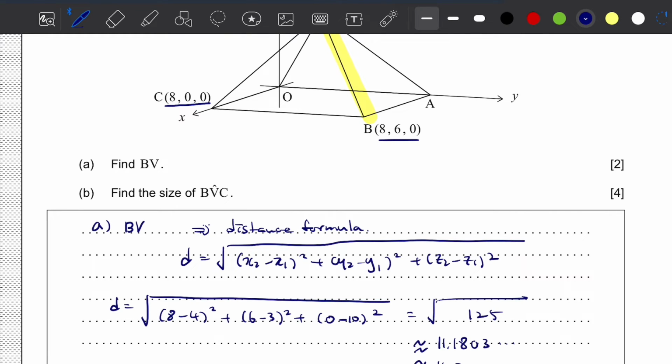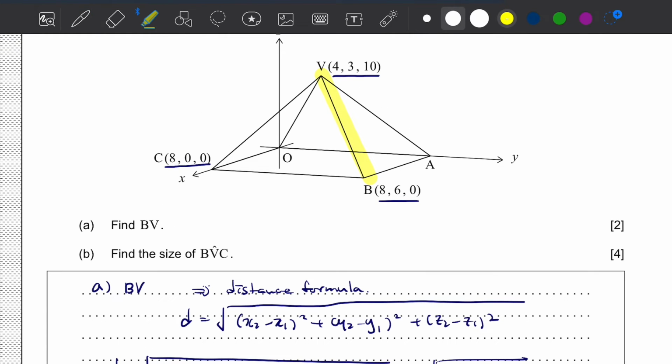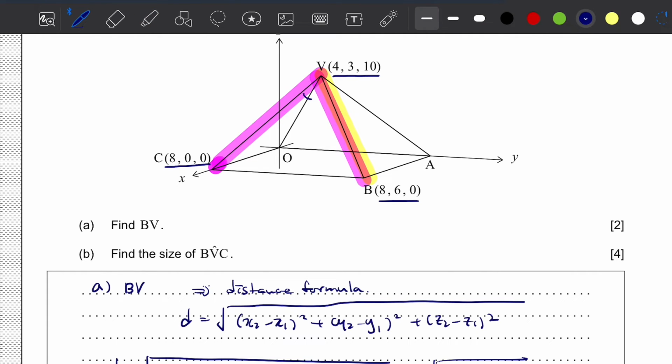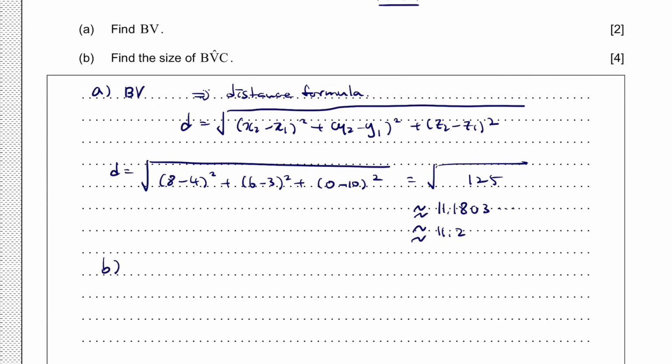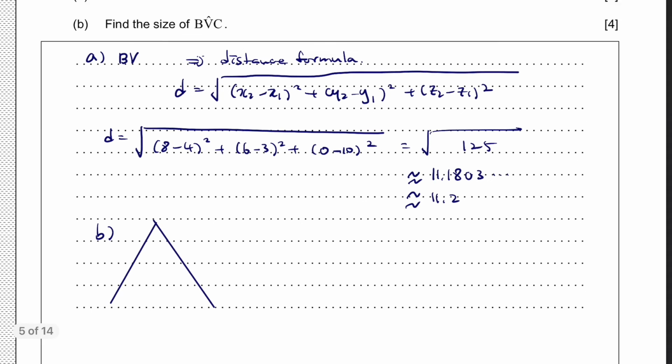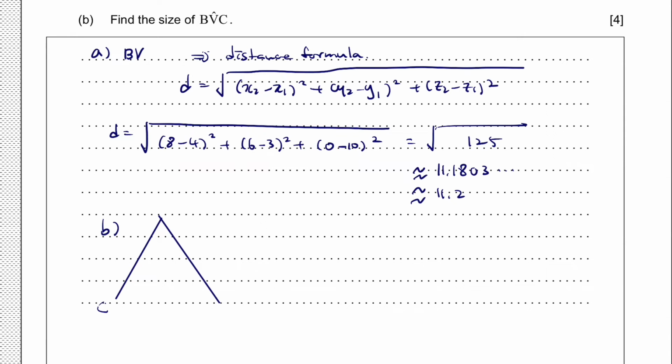Question B, we need to find the size of the angle BVC. So that means we have to find the angle here, right? So let's redraw this triangle here. So this is C to V, and then this is B to V. So we say C, V, and B. And we know that B has coordinates of 8, 6, 0, and C has coordinates of 8, 0, 0, right?